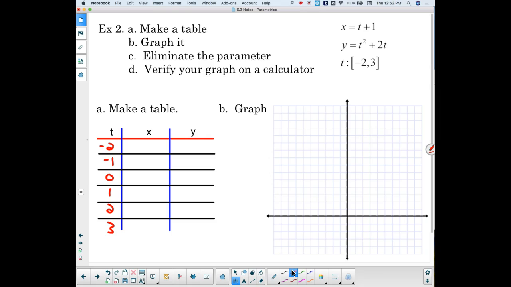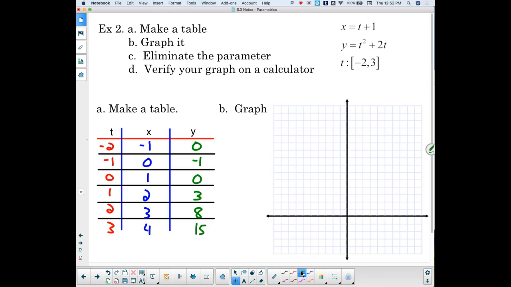If I plug those values into my x function, I get -1, 0, 1, 2, 3, and 4. If I plug those t values into my y equation, I get 0, -1, 0, 3, 8, and 15.